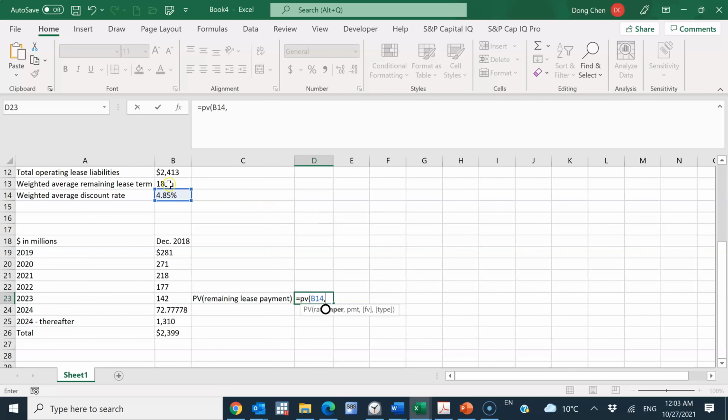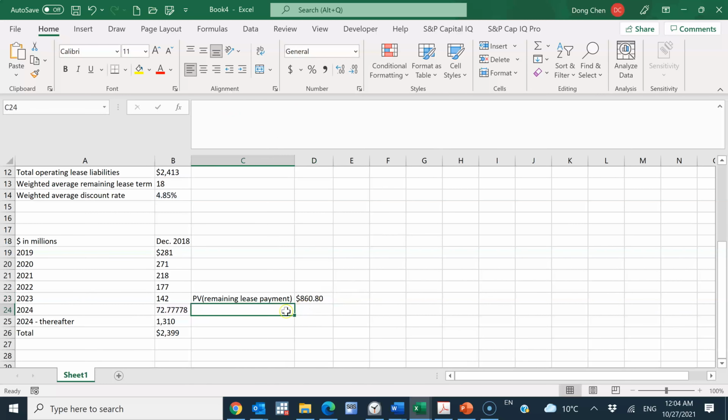We have 18 annuity payments, the same as before, but now the payment will change because the aggregate amount here also changes. So the payment will be this, this B24 represents the 2024 amount. Again, I want to add a negative sign in front of that because I want to get a positive present value. But again, remember this present value is in terms of year 2023.